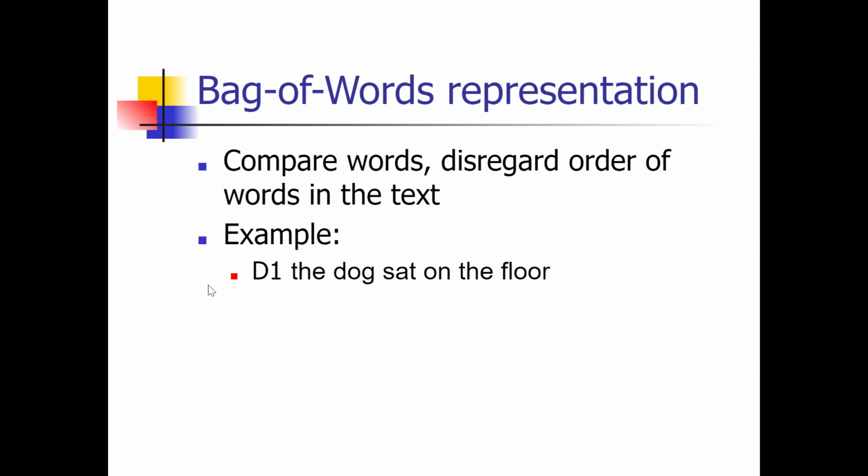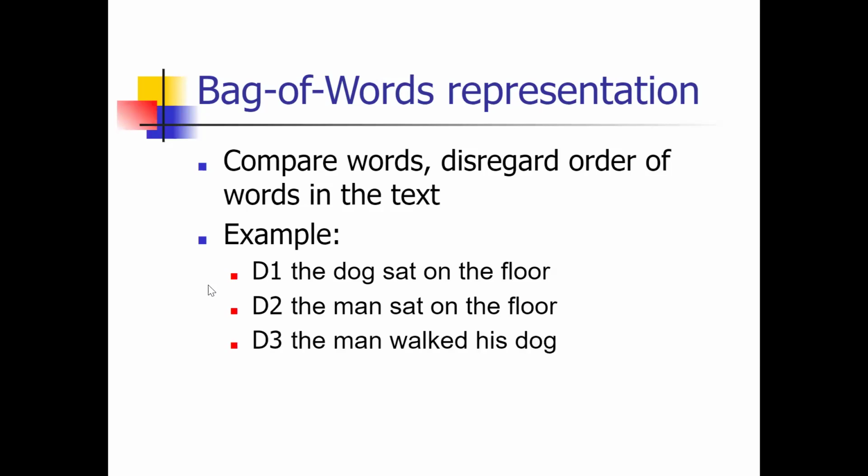For example, let's say we have three documents. D1: the dog sat on the floor. D2: the man sat on the floor. D3: the man walked his dog. So these are represented in three documents, three simple sentences. I hope it's very clear.